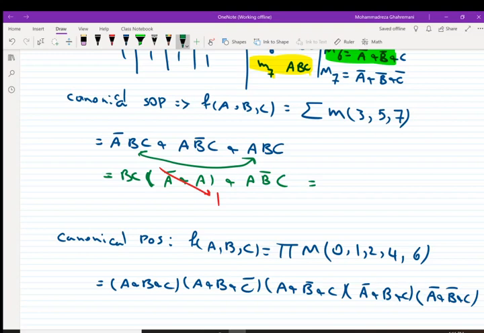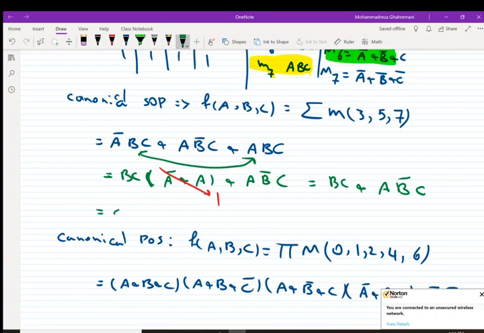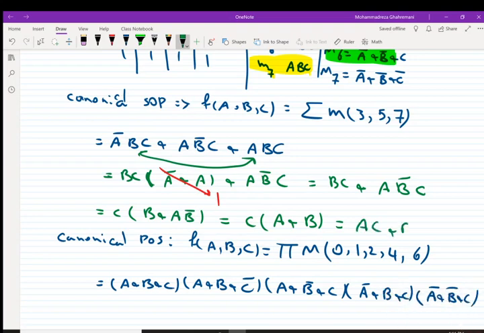It's equal to bc plus a b bar c. Let's factor out c. C times b plus a b bar. By the law of elimination, it's equal to c times a plus b, which is equal to ac plus bc.